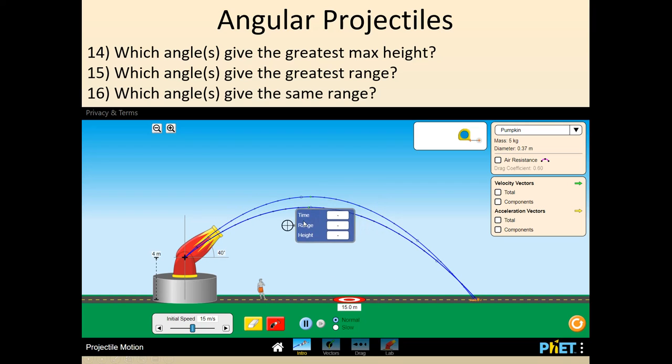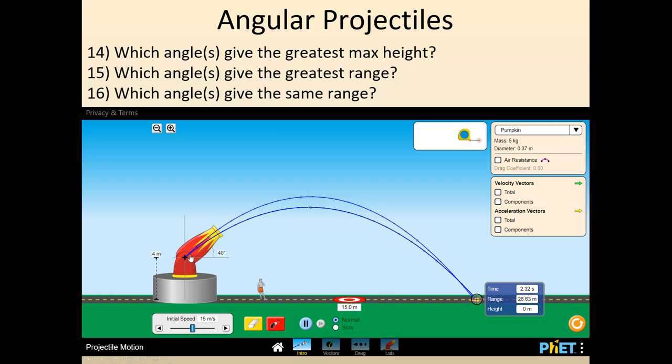It's very hard to see here, but this one should be the 45. It has a full range of 26.41 meters, but 40 degrees is a little bit further with 26.63.